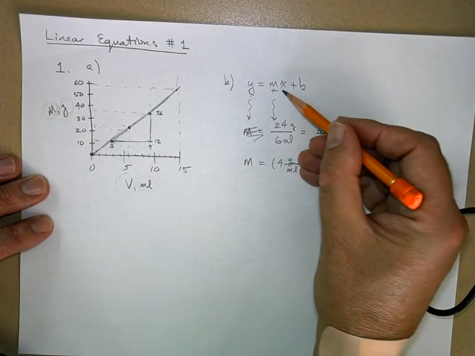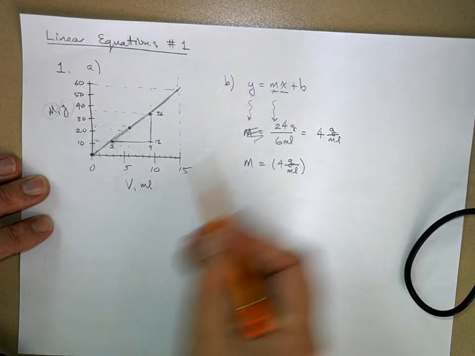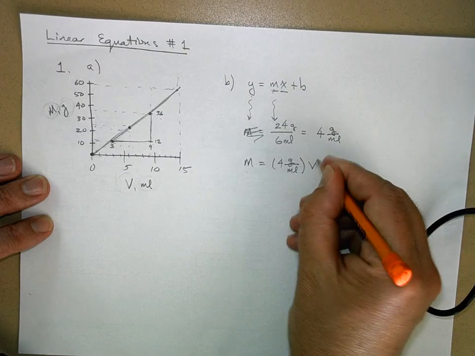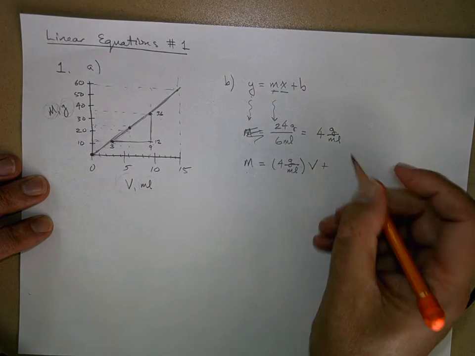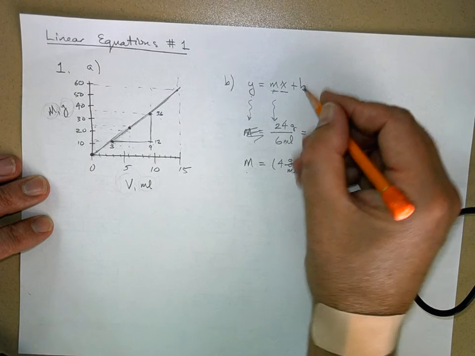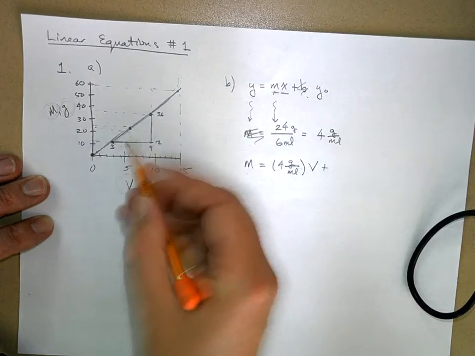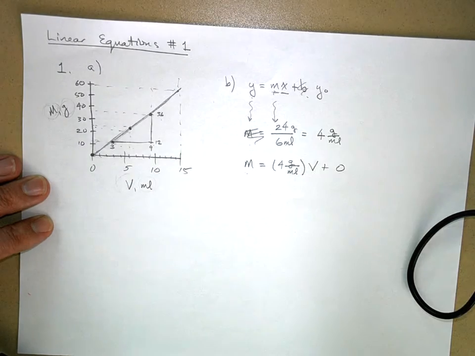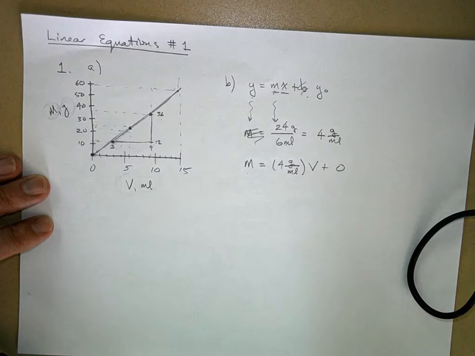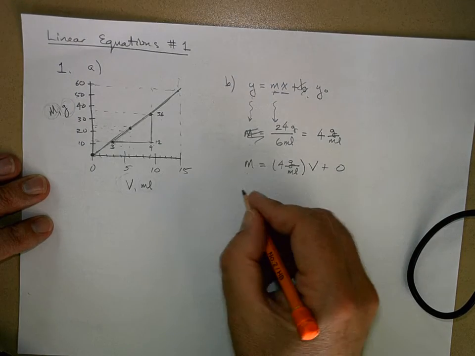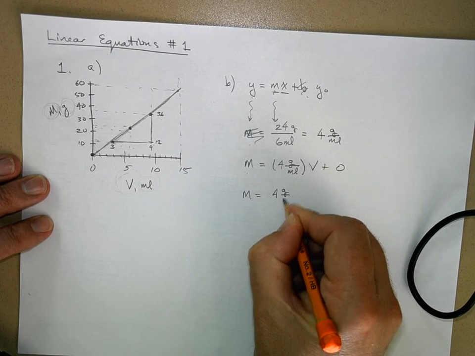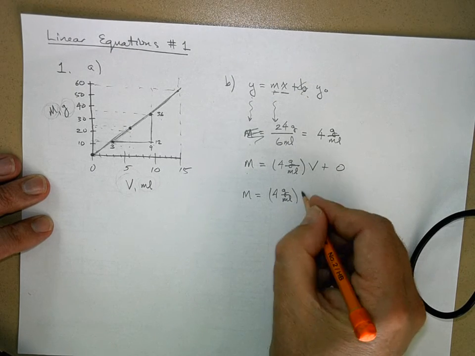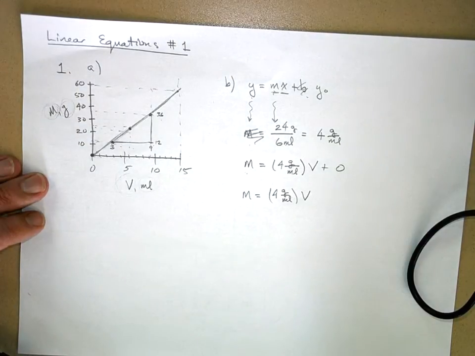Now, what is the x-axis? V, for volume. And then plus, now what is, I used B again, I should use y naught. What is y naught? 0. So you can rewrite this: the mass is equal to 4 grams per milliliter times the volume.